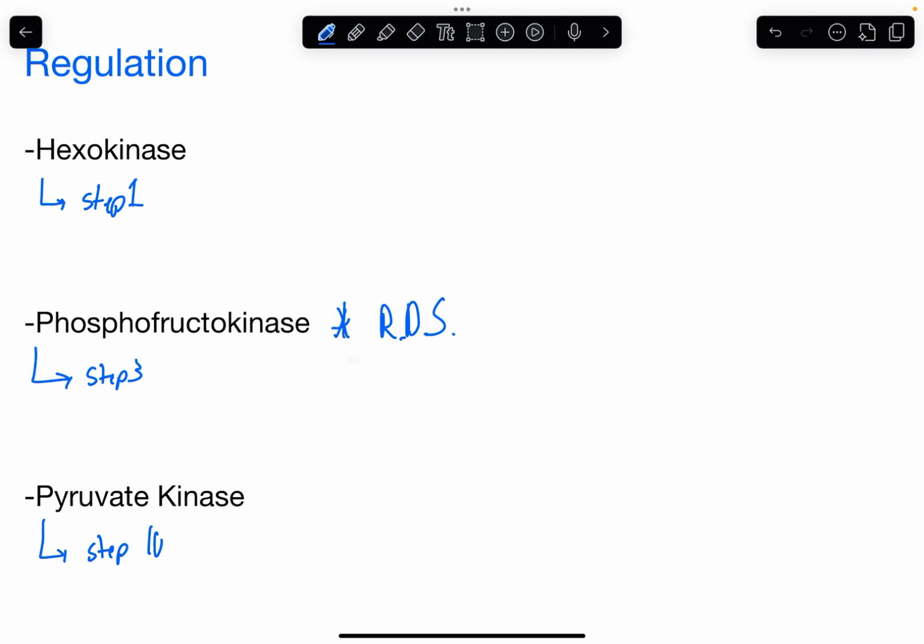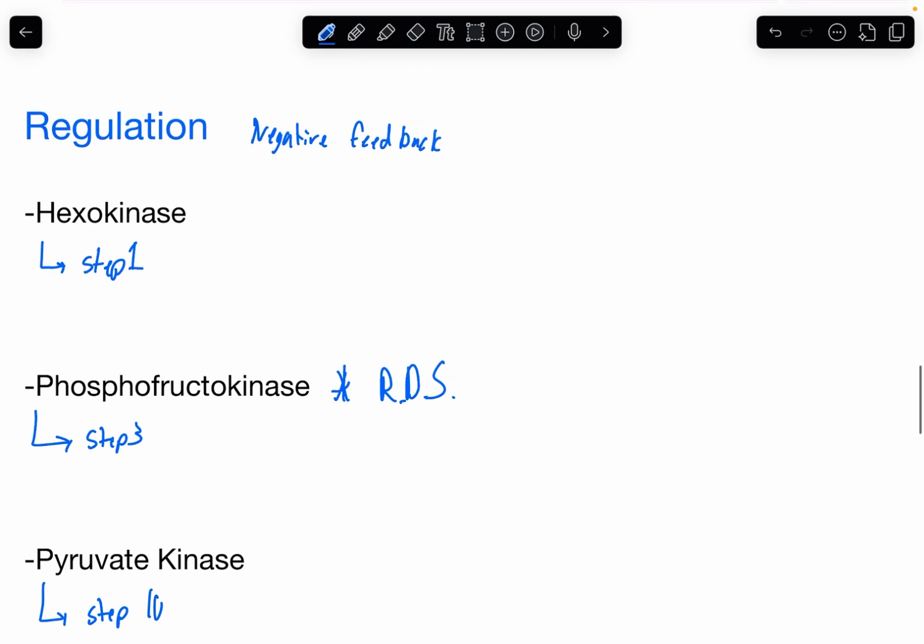Okay, so a key regulatory aspect of each of these enzymes, I would say, is negative feedback. Negative feedback is a common pattern we're going to see in all of these, and that's basically where the product will inhibit the reaction.